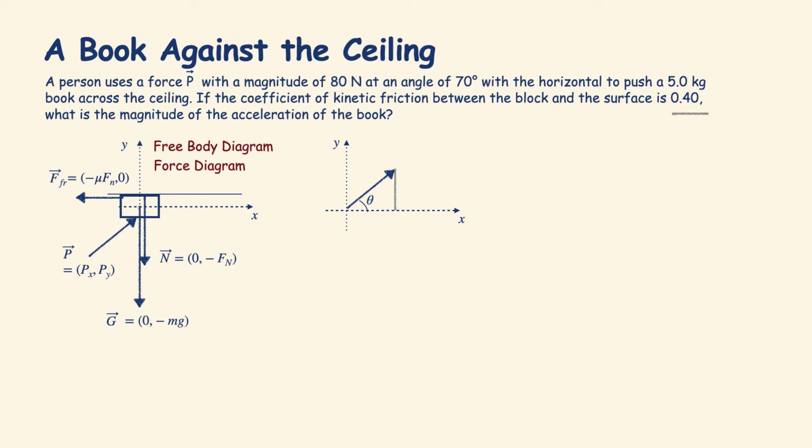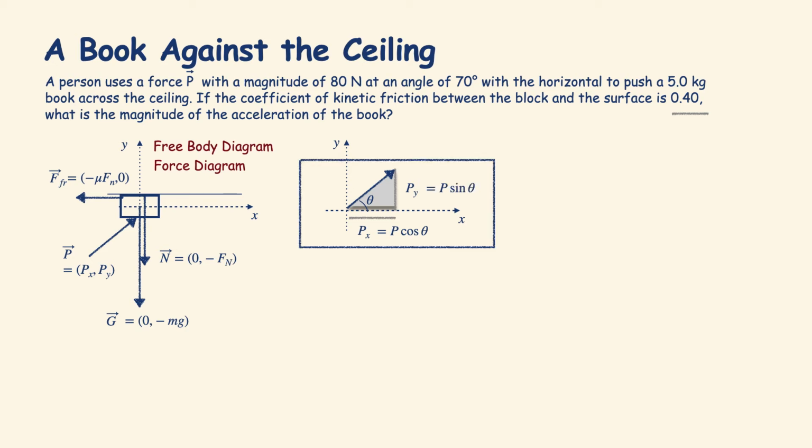So this is the x-axis, and that forms a right angle triangle between the vector and its two components. I see that the adjacent side will be the x component of that force, and it will be equal to P cosine theta according to trigonometric rules, and that leaves the opposite side to be the y component of the push, Py, and it will be P sine theta.